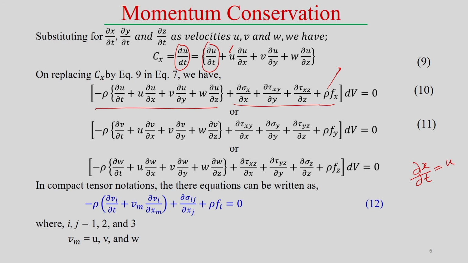Or we can see del sigma x by del x, and this equation corresponds to the x axis, this equation corresponds to the y direction, and this corresponds to the z direction. So, basically you get three different equations making the momentum conservation along the x, y and z directions, and then we will be able to reach this kind of equation.